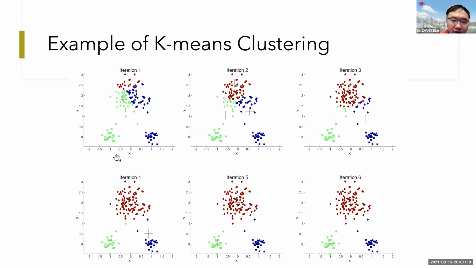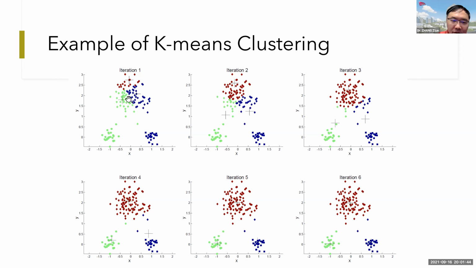Okay. So first assume we have a data set. In iteration one, we have a set of data objects distributed over this two-dimensional space, X, Y. So we randomly pick 3 data points as the initialization. You can see this cross sign on each of the selected data objects.